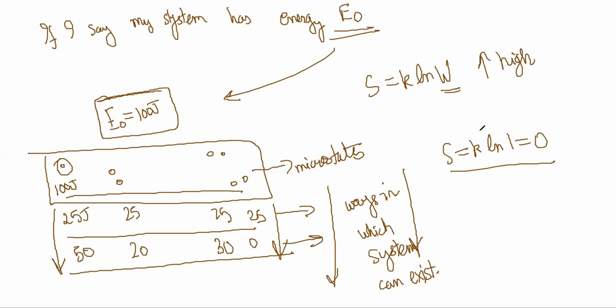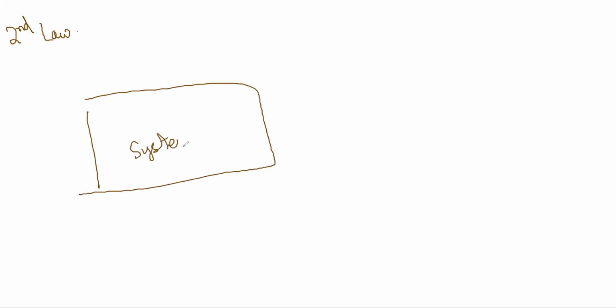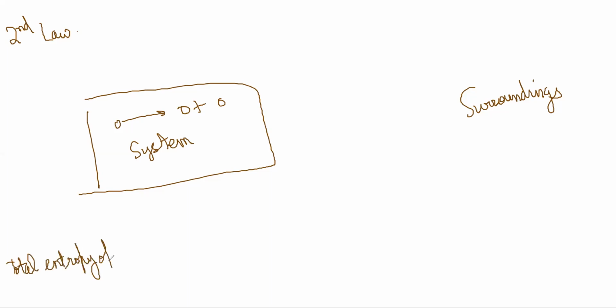So then let's think about the second law of thermodynamics a little more. The second law says that there is a system and there is the surroundings. Only those changes will happen for which the total entropy of the universe increases.